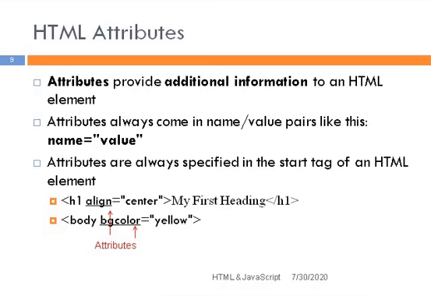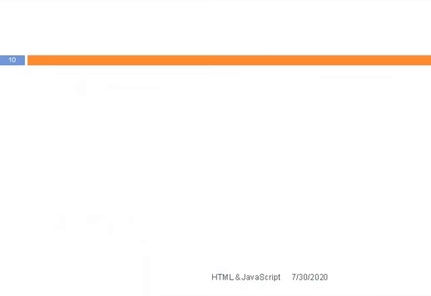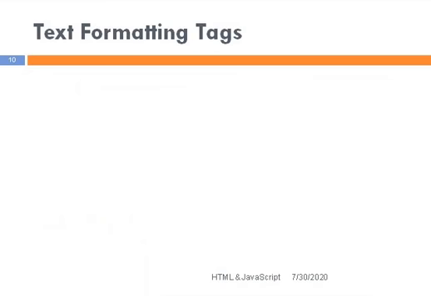Text formatting tags. Now we are going to see some of the text formatting tags that are used in HTML. So first tag that is used for text formatting in HTML is ALT.